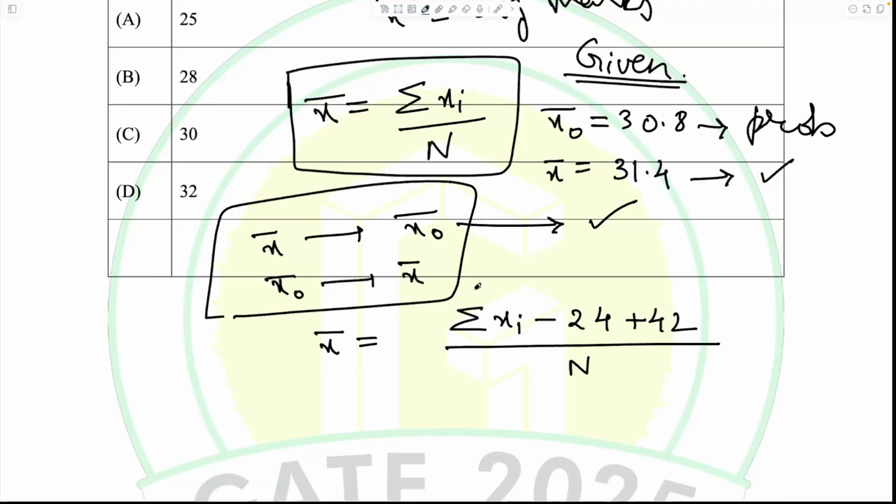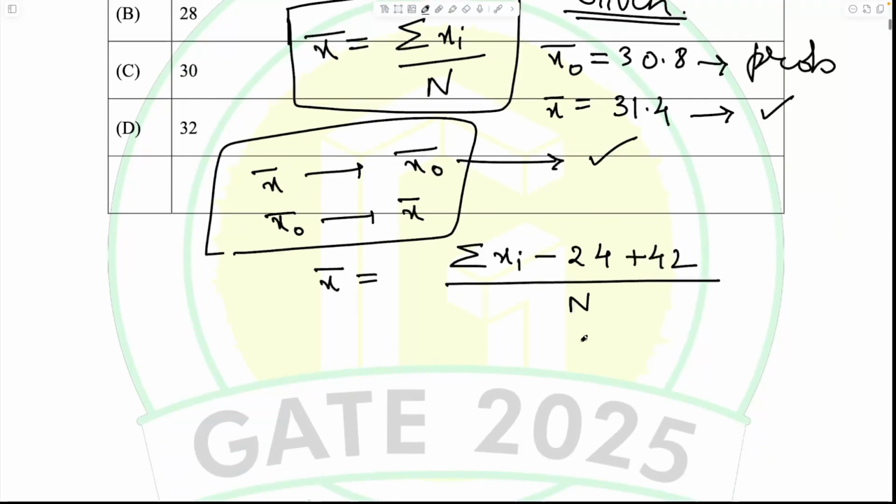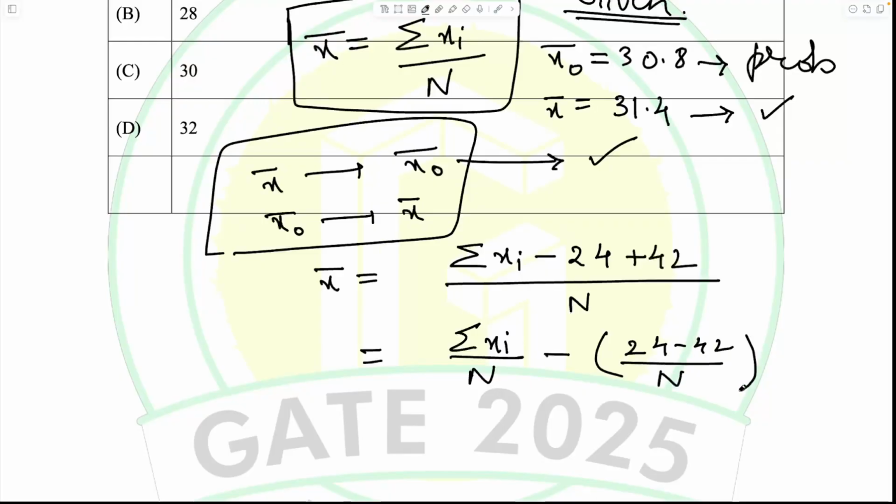No, but you will say that the old mean has not come here. You're not able to see it right now, but you will be able to see. Let me divide this part like this: summation of xi divided by N, minus 24 minus 42 by capital N. Now what is this part?